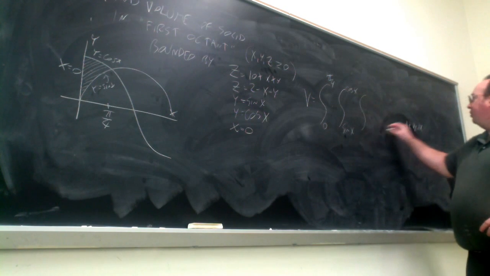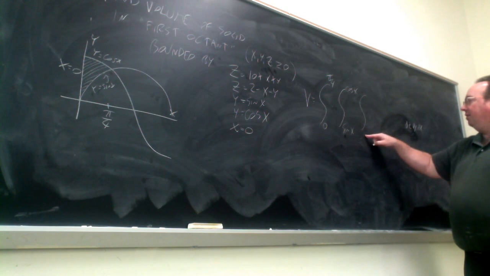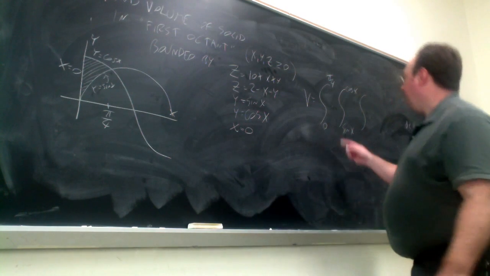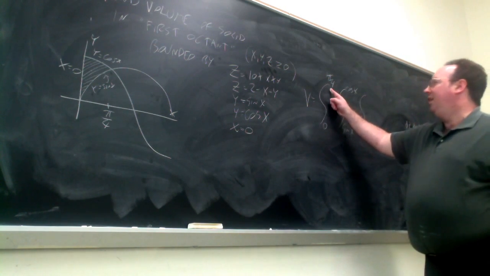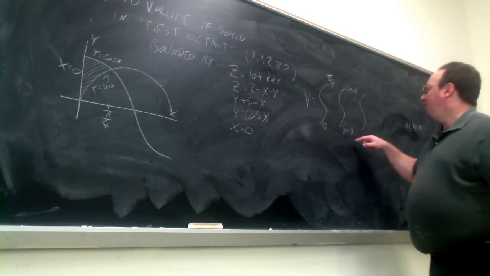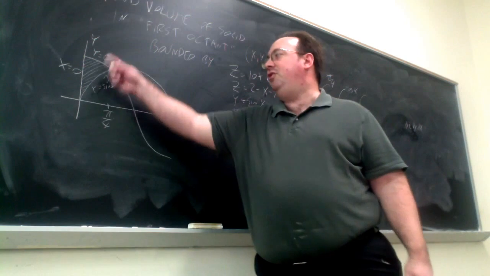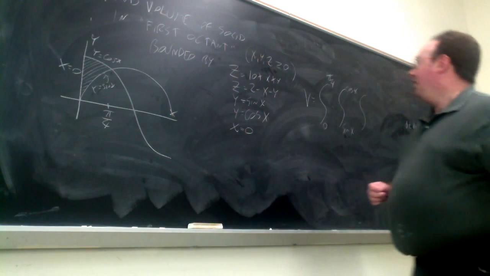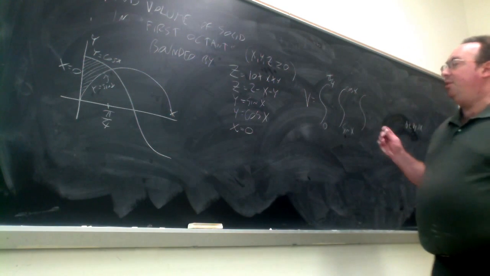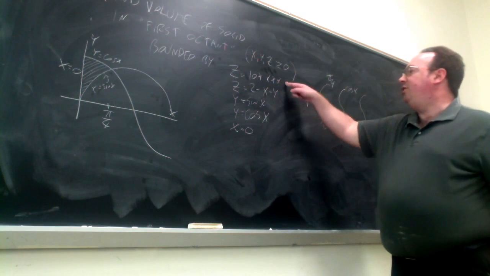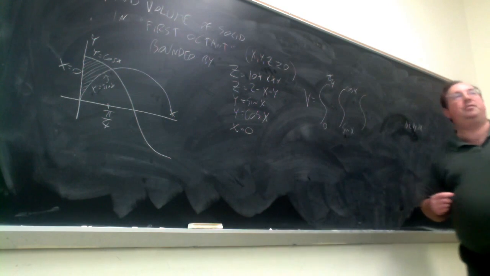If I were to prescribe lower and upper limits in z, keep in mind that x is between 0 and pi over 4, so pretty small values of x. y can be between sine and cosine x, and those values are going to be between 0 and 1, and you're subtracting them. So look at these two equations. Which of these will have the larger values?